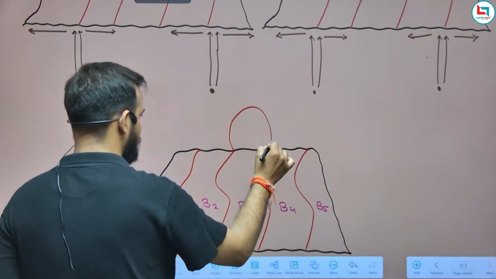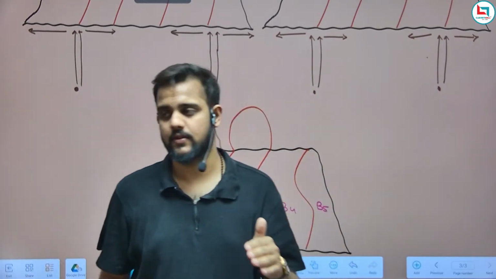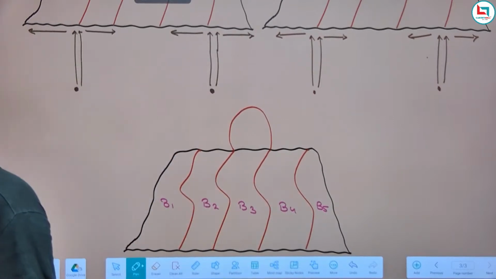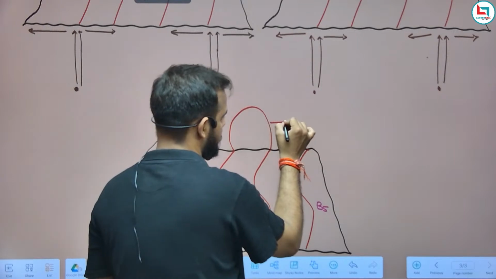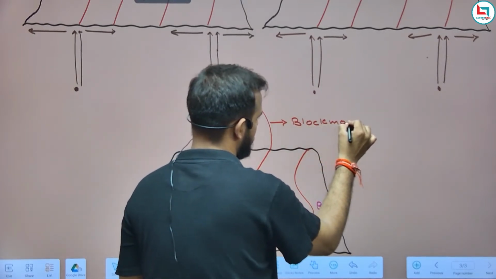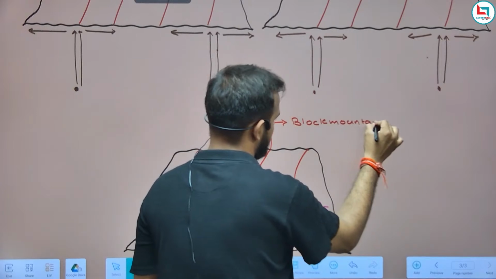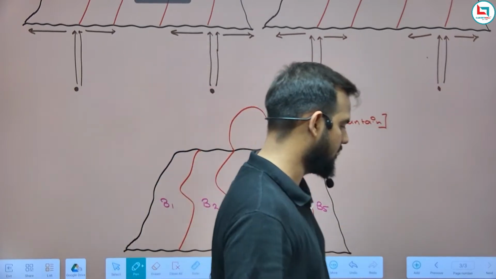Here we have a dome-like structure. That particular pedestal structure will get converted into this dome-like structure, and this dome-like structure is known as block mountain. Okay, so this is the case.